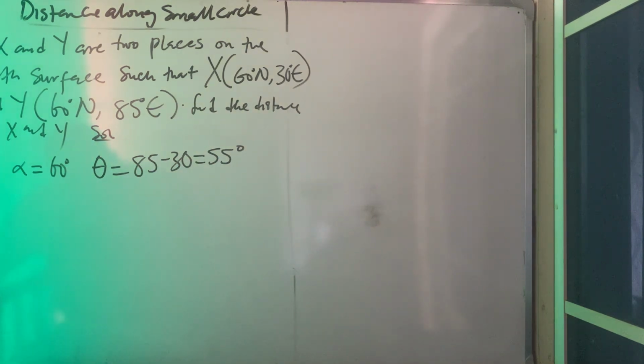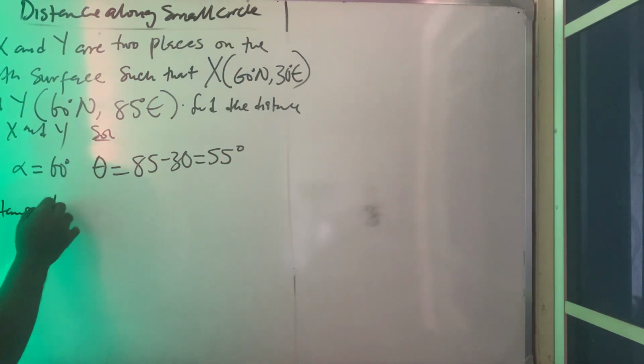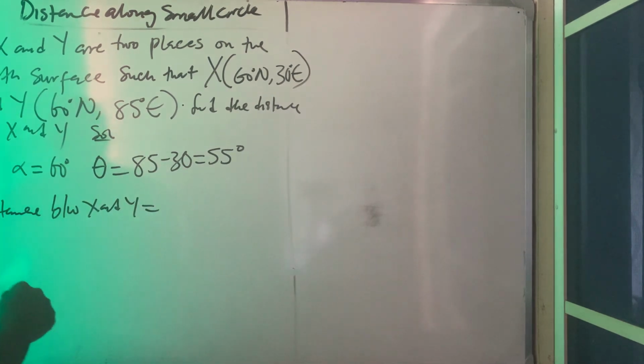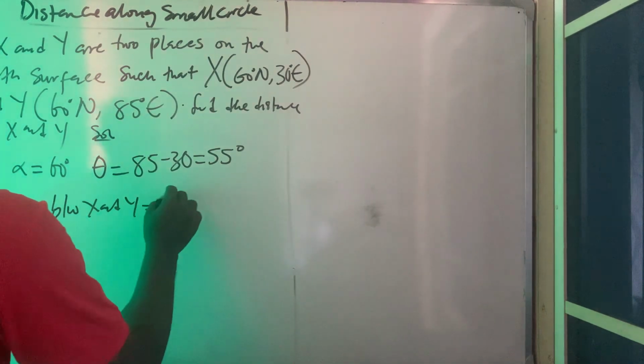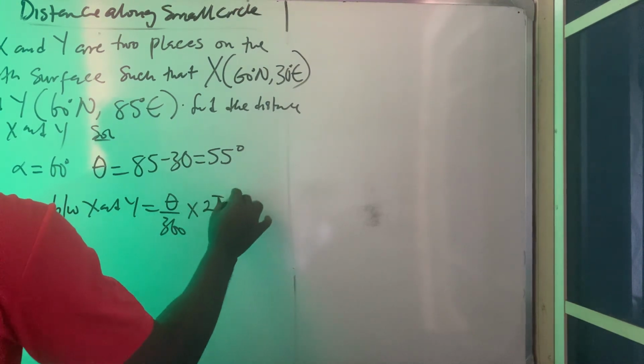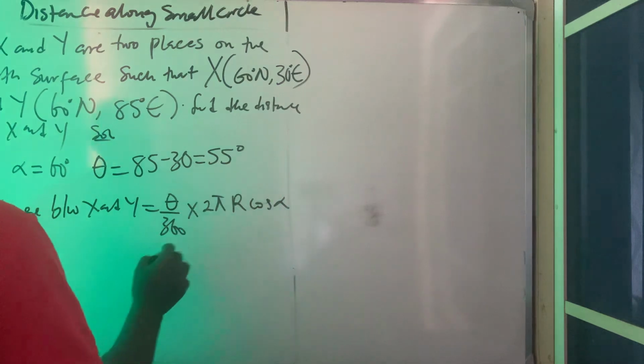All right. So the distance between x and y is equal to what? Since it is distance on a small circle, I'm going to say theta over 360 times 2 pi big R cos alpha. Very simple.